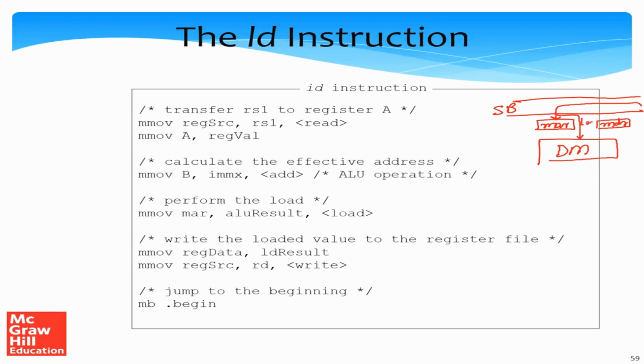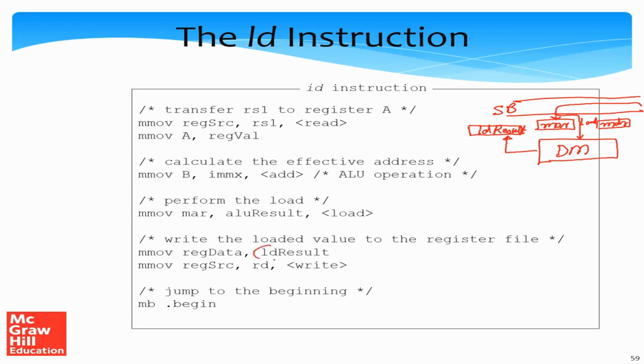So we send the load command. Alright. So we send the load command and we write to the MAR register and also this data is sent to the data memory and in parallel we send the load command as well. So in one cycle we expect that the data memory is accessed and the result of the load is available in the output micro register of this particular stage, which is the LD result micro register.